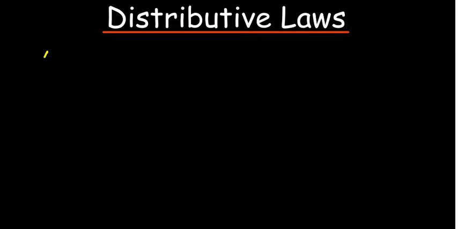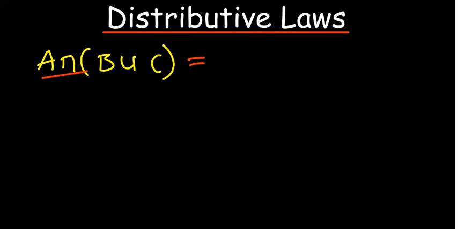Consider a case where you have an intersection outside and then inside the two sets you have union. Distributive will have a combination of these signs. We'll consider the one that is outside as multiplication, right? So consider that to be A times B. Intersection has a multiplication. So have A intersection B.